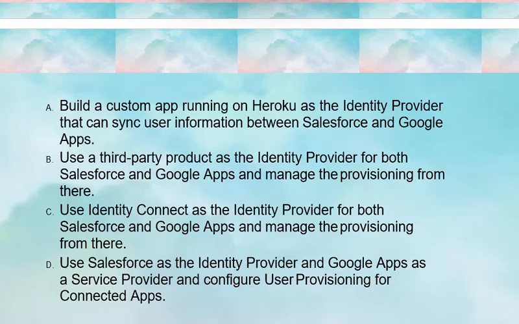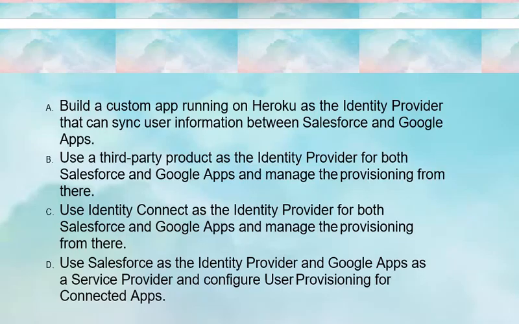Option A: build a custom app running on Heroku as the identity provider that can sync user information between Salesforce and Google Apps. Option B: use a third-party product as the identity provider for both Salesforce and Google Apps and manage the provisioning from there.